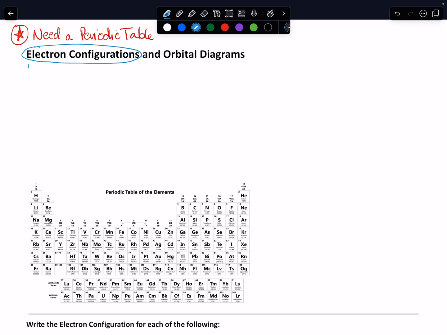Let's start with electron configuration. This is a list, not quite the right word, but kind of.